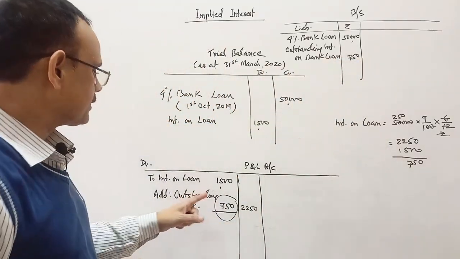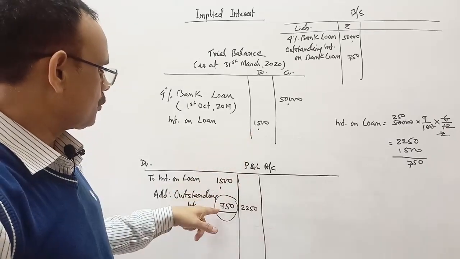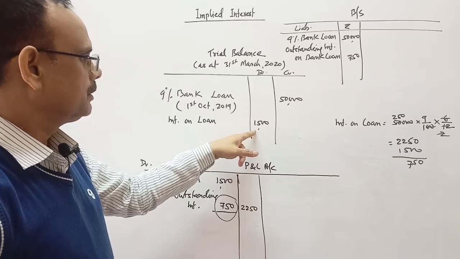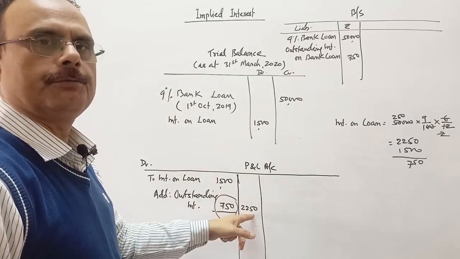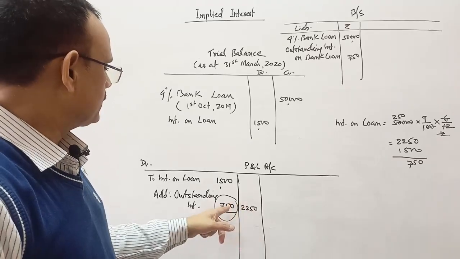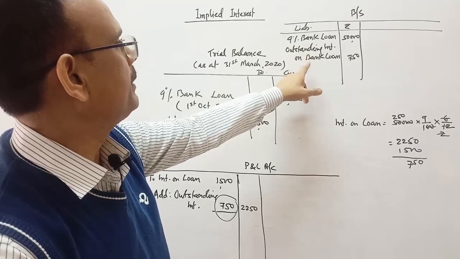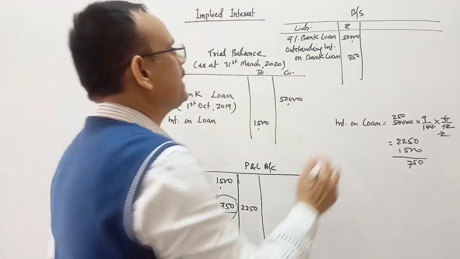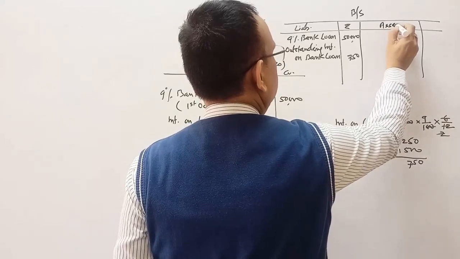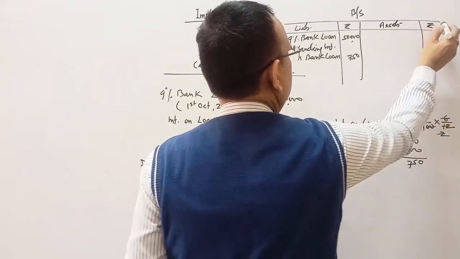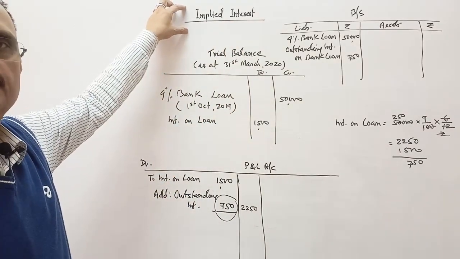So the outstanding interest will be added in the profit and loss account, and 2250 we write in the outer column, and as it is outstanding, it will also be reflected on the liability side of the balance sheet. This side is the asset side. Is it clear? This is implied, hidden.